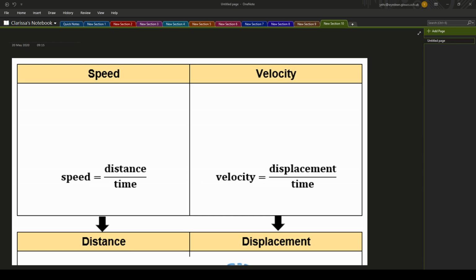If you've been following my conservation and dissipation of energy streams for Year 9 content, but doing a little bit of revision as it's paper 1, then you would probably be able to breeze past today's lesson quite a bit because it's mainly calculations, but it also goes into a bit of detail into scalars and vectors. Remember in a previous topic we talked about what a scalar quantity is and what a vector quantity is? Well, we're going to be revisiting that today in this lesson on speed versus velocity.